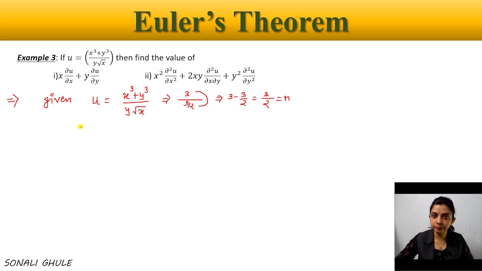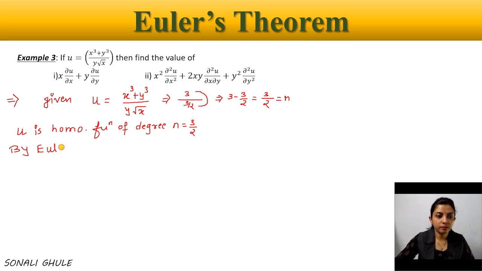So here, now u is a homogeneous function of degree n equals 3 by 2. Now u is homogeneous, therefore by Euler's theorem, what can we write?